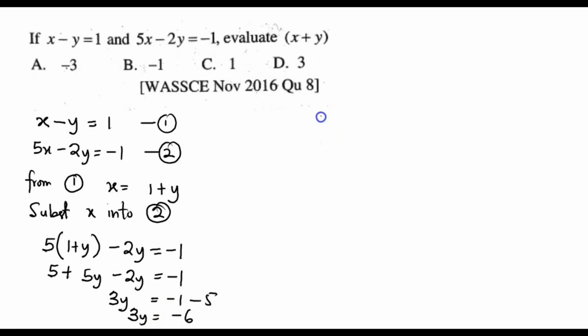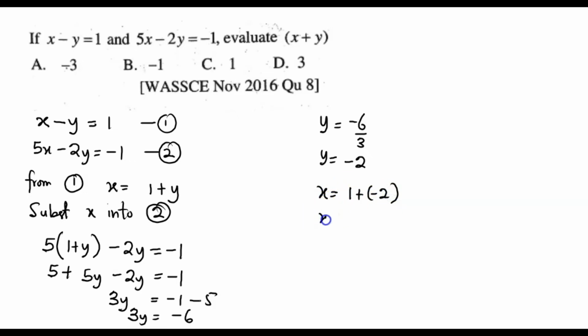Then y will be equal to -6 divided by 3, and that gives us a y value of -2. Now that we have the y value, we can find the x value. We have an expression for x, so x will be equal to 1 plus -2.